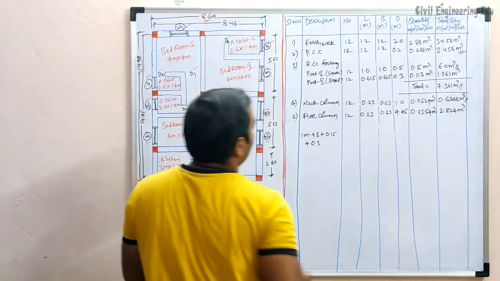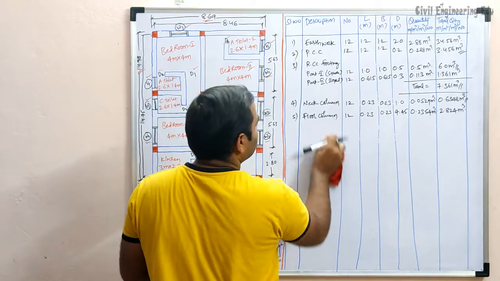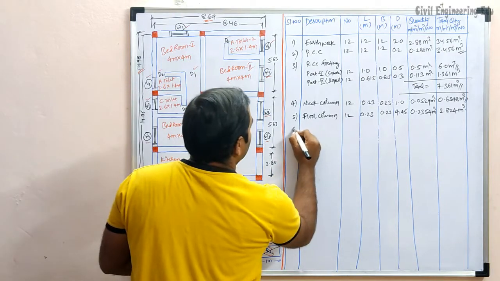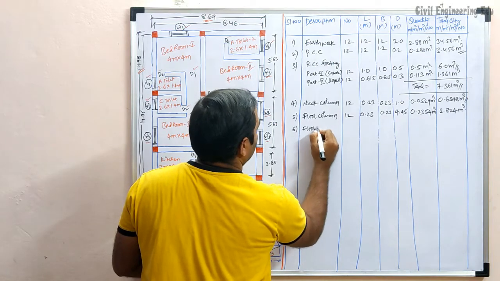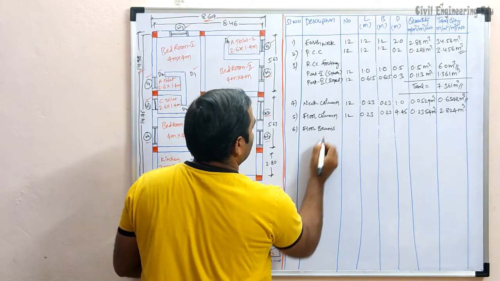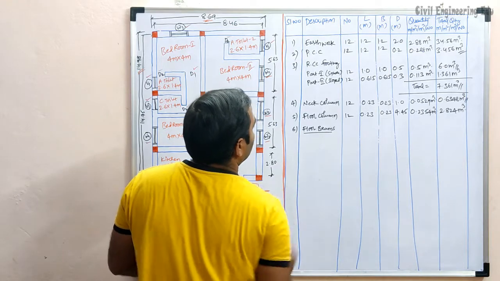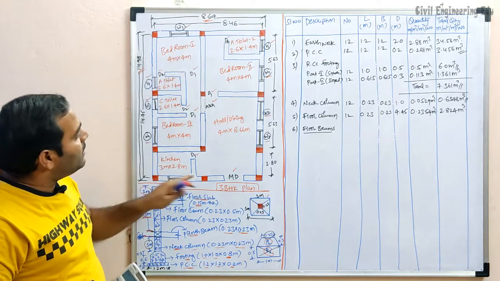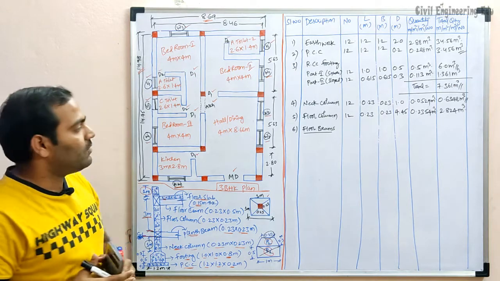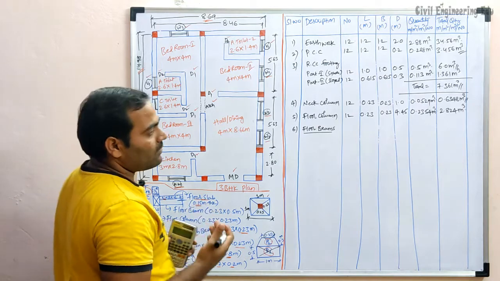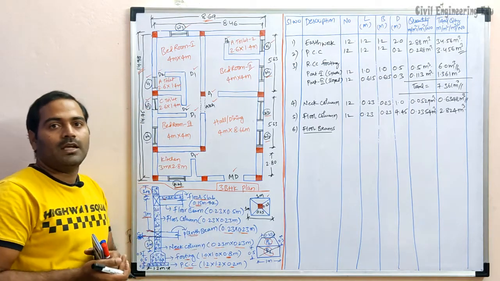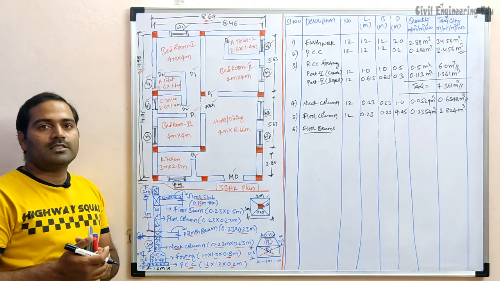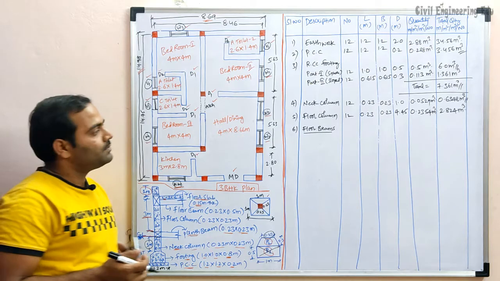Now coming to floor beams and floor slab. In case of floor beams, we should divide these beams into a number of lengths. So floor beam 1, floor beam 2, floor beam 3, likewise plinth beam 1, plinth beam 2, plinth beam 3, depending on the size of cross section and length.